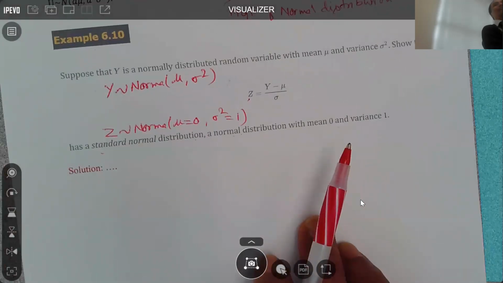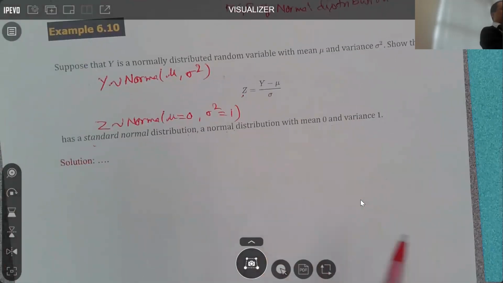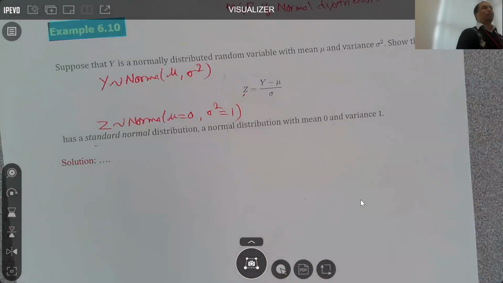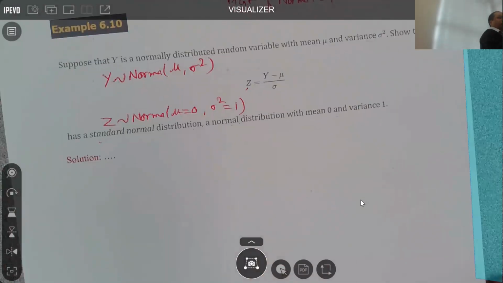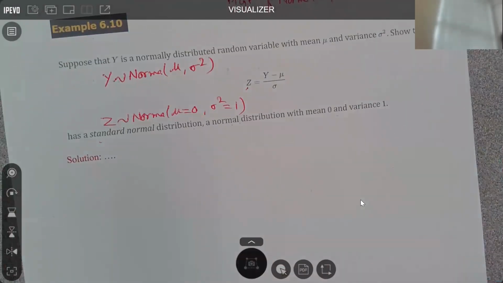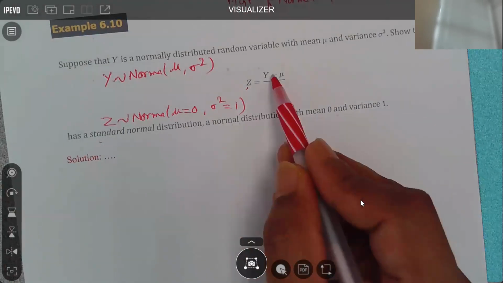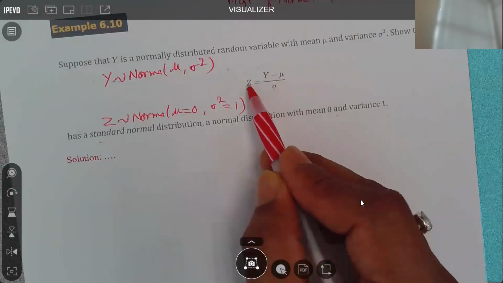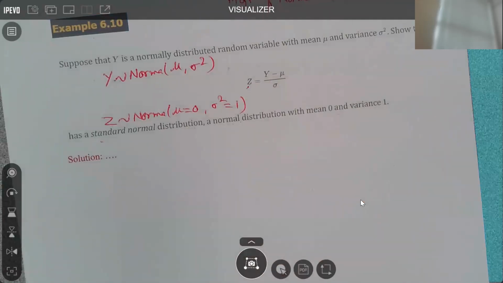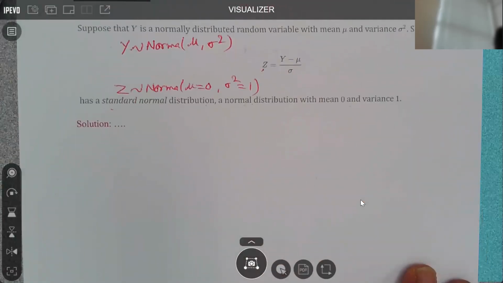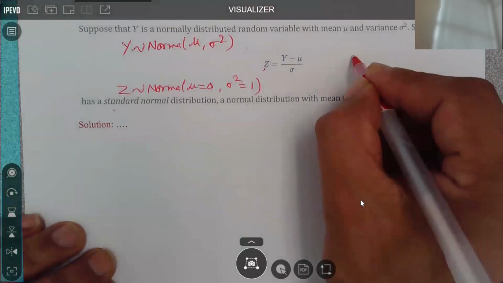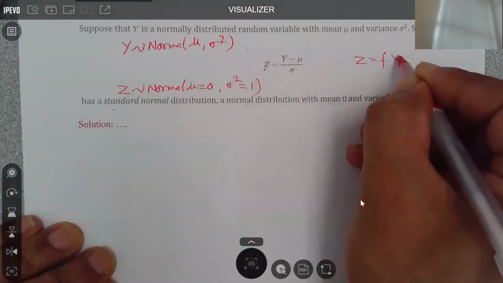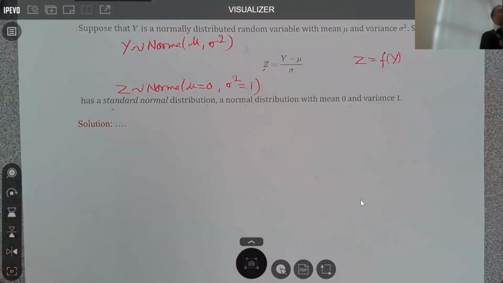Yeah, a function of Y. It is already there. You just have to recognize which one that is. G. You see, this Y is here, there are some constants, and it is a function of this Y. So G is U here. Right, G is a function of Y.